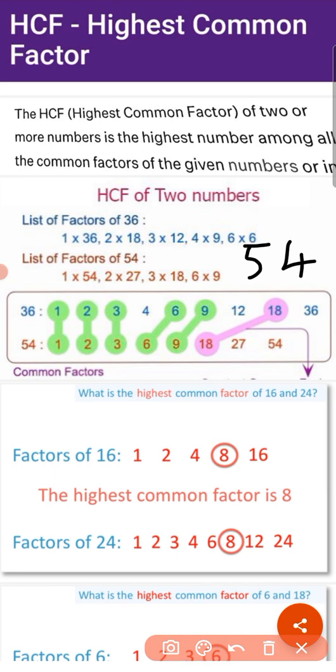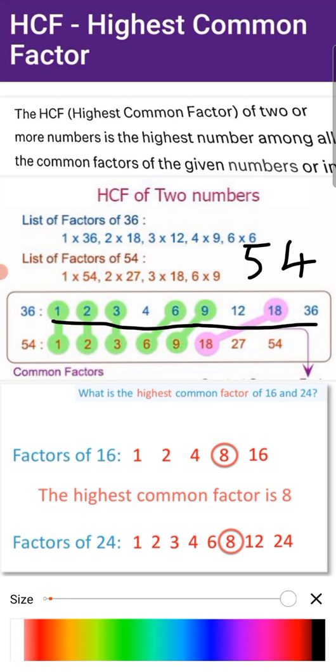The factors of 36 are 1, 2, 3, 4, 6, 9, 12, 18 and 36.